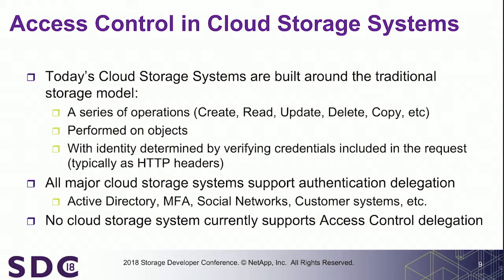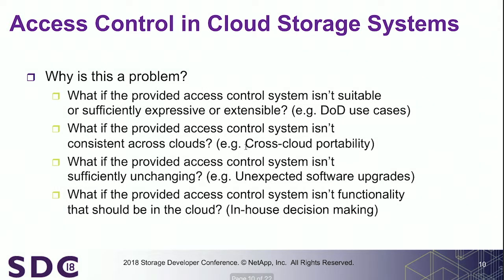And looking around at the big cloud storage systems, none of them are supporting this form of delegation. They're all supporting delegation of authentication, i.e. who am I? But they're not supporting this level of delegation. So there's not only a need, there's a gap. So why is this a problem?